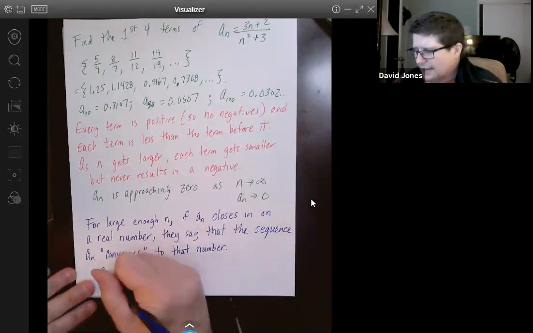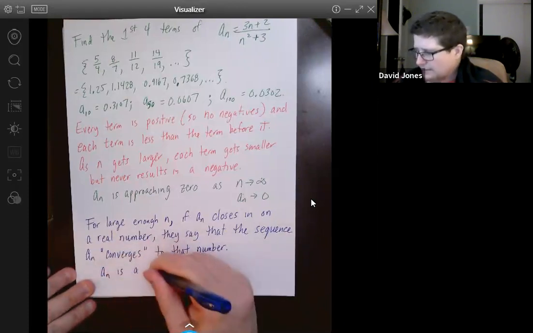Which makes a sub n a convergent sequence.